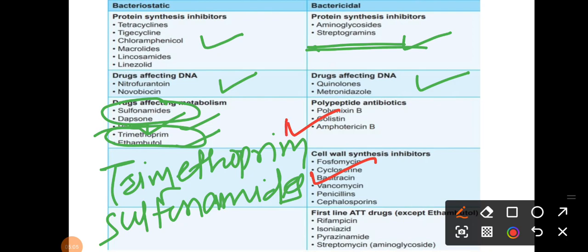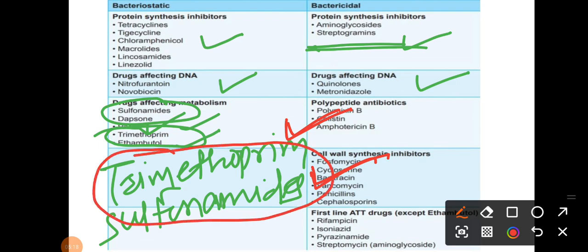So trimethoprim alone is bacteriostatic. Sulfamethoxazole alone is also bacteriostatic. But if you combine sulfamethoxazole plus trimethoprim, the combination is bactericidal. Okay, so please remember this point. Done.